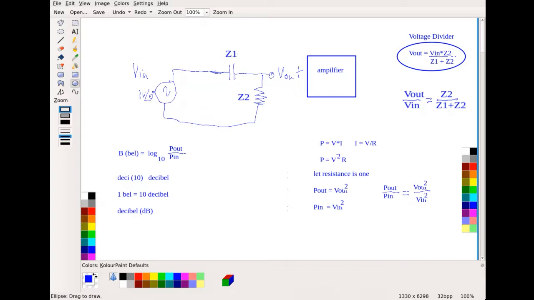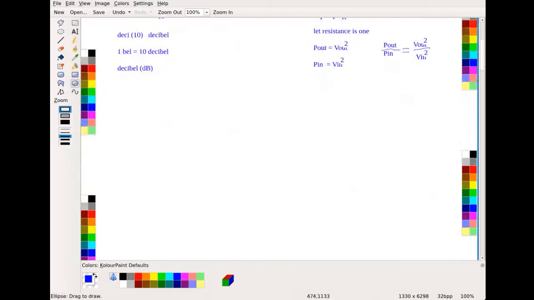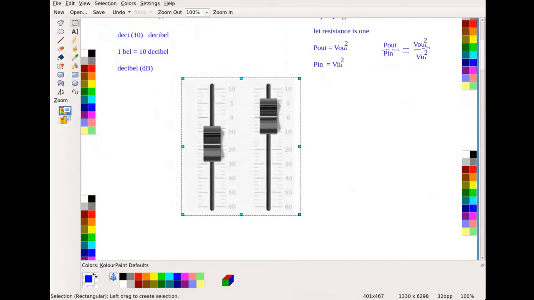Here's a quick snapshot of the faders on a soundboard. Just check to make sure you can see that okay.